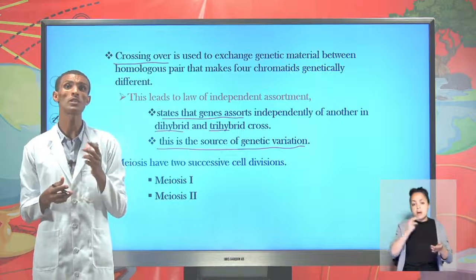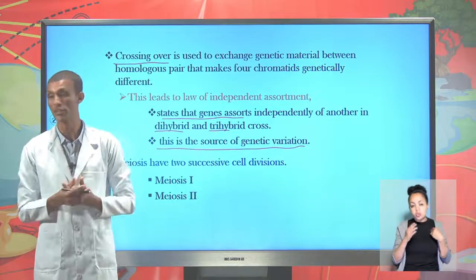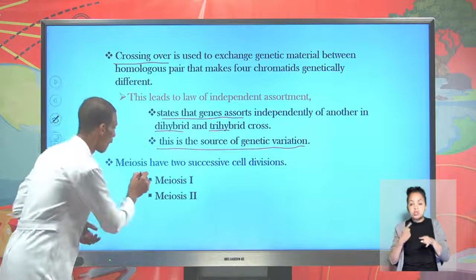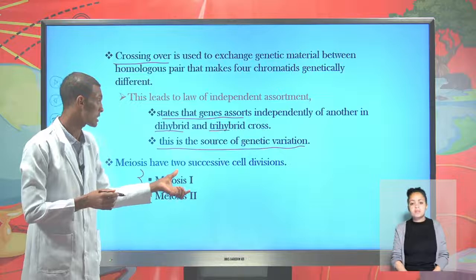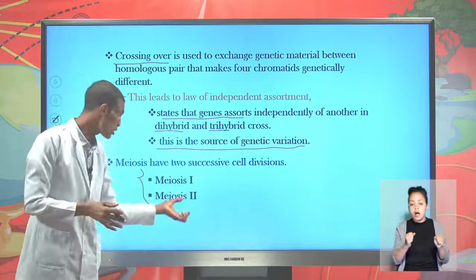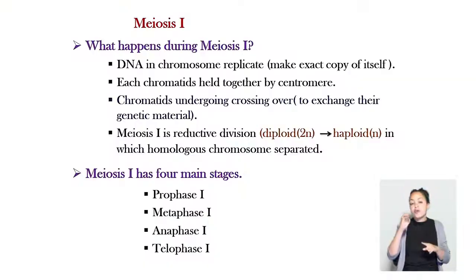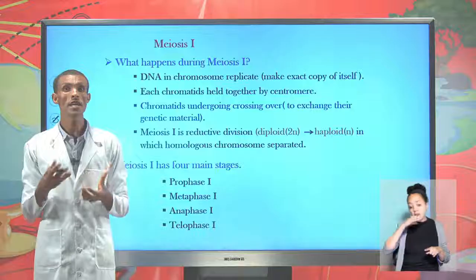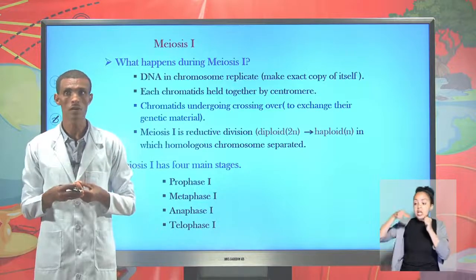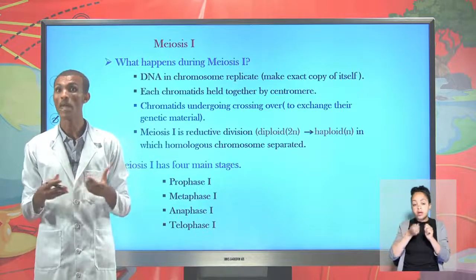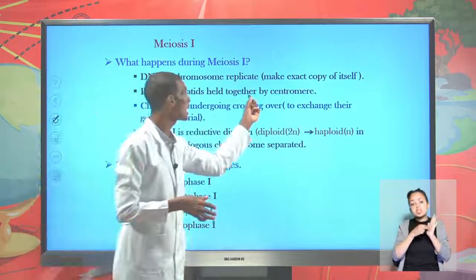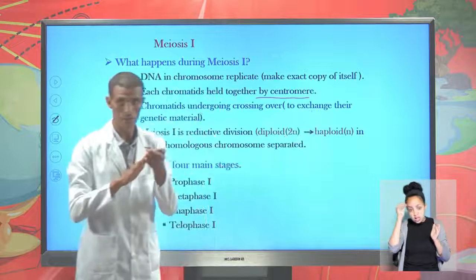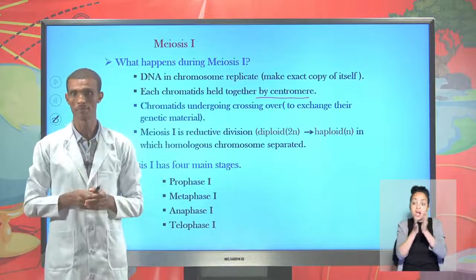Meiosis has two consecutive or successive cell divisions, meiosis I and meiosis II. They are successive, and meiosis II depends on meiosis I. During meiosis I, DNA and associated histone proteins replicate, making an exact copy of themselves, in which the copy and the original are held together.